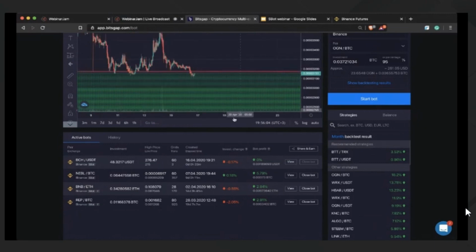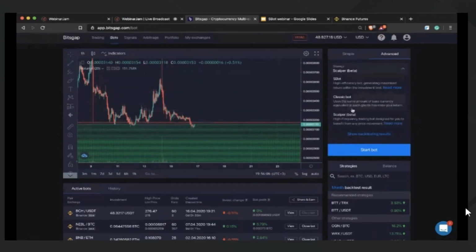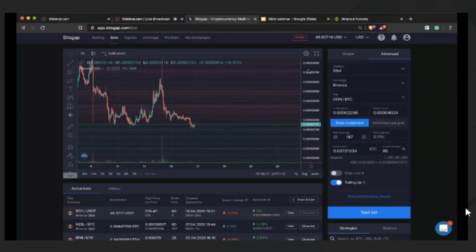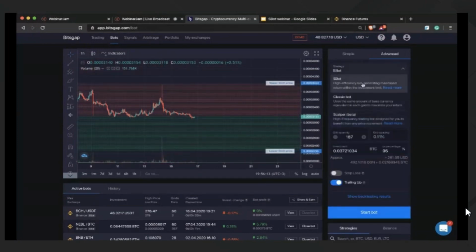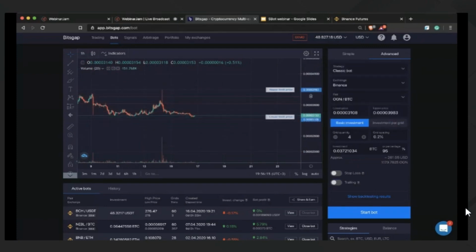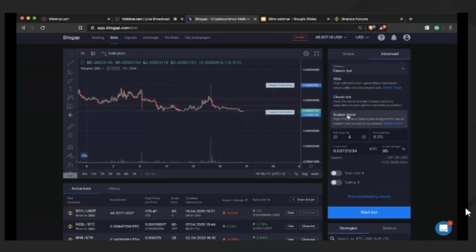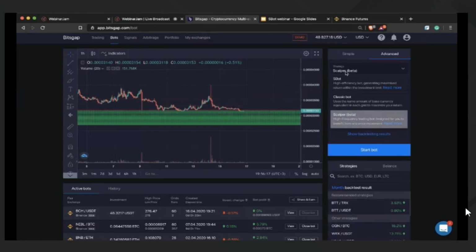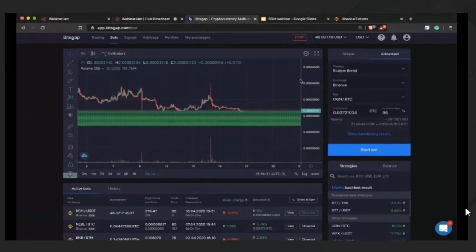But once again, I would suggest you practice on the Sbot, on a demo account, and the classic bot, because the Sbot, I mean the Scalper, is mostly optimal for some rare cases on the market.